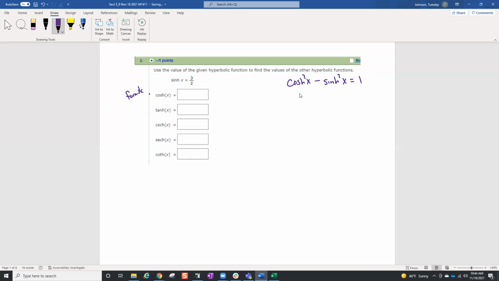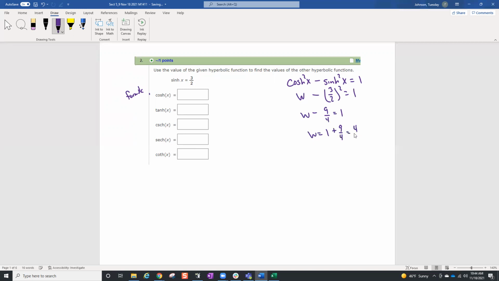I'm going to call this W. What is the hyperbolic cosine squared? W minus 3/2 squared equals 1. W minus 9/4 equals 1. W equals 1 plus 9/4.